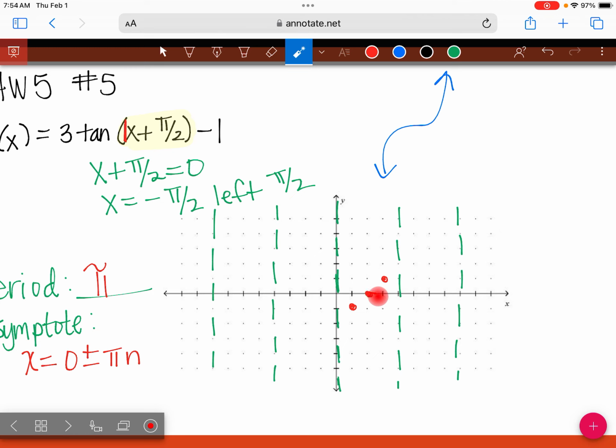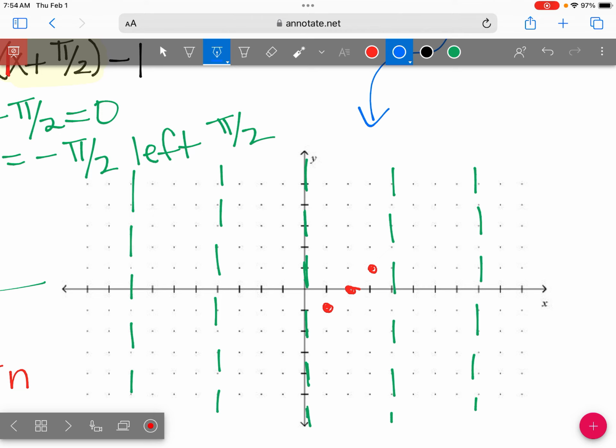So what that's going to do is move this middle point, which was at 0. It's going to move down to -1. And now the distance between this point and the next point, I'm actually going to have to go up 3. So instead of just going up 1, I have to go up 3. So 1, 2, 3.